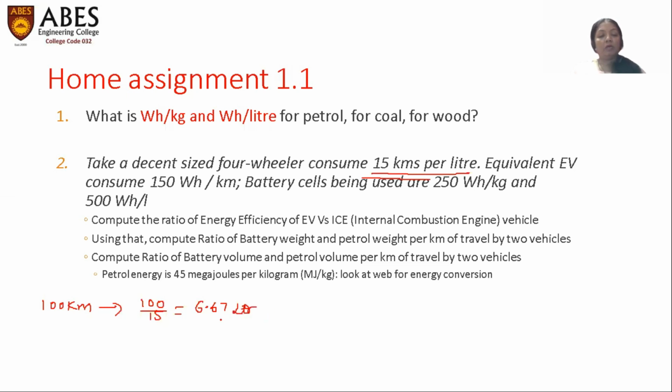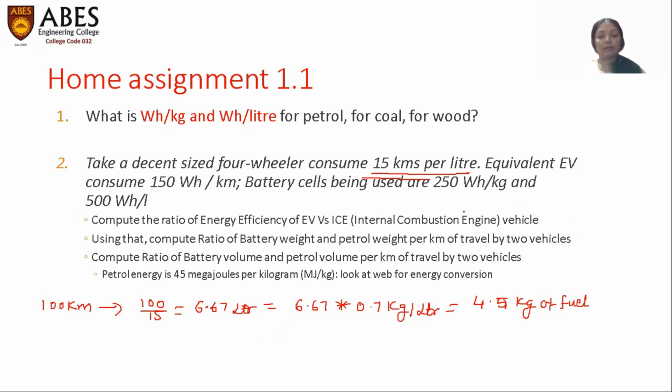Now, 6.67 liter, if converted into kg, is 6.67 liter into nearly 0.7 kg per liter, which is the volumetric density of the petrol. So it comes to nearly 4.5 kg of fuel. Fuel is petrol.